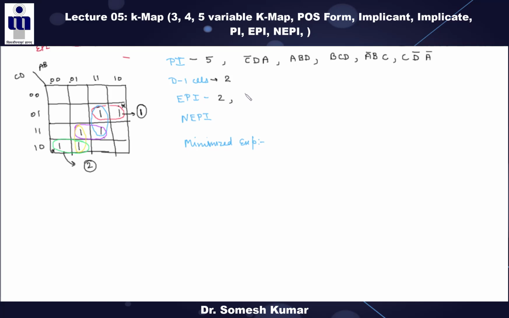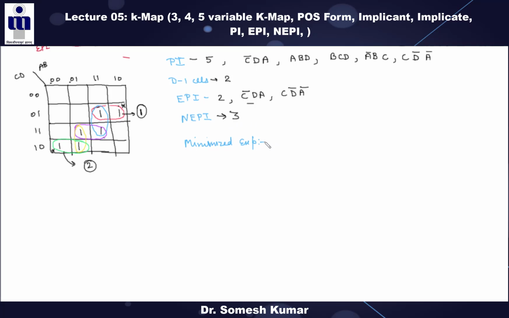What are those 2 EPIs? C bar, D, A, and the second one is C, D bar, A bar. These two terms must come into your final expression, right? Understand? And what are your non-EPIs? The remaining ones, 5 minus 2, 3 are your non-EPIs, right?